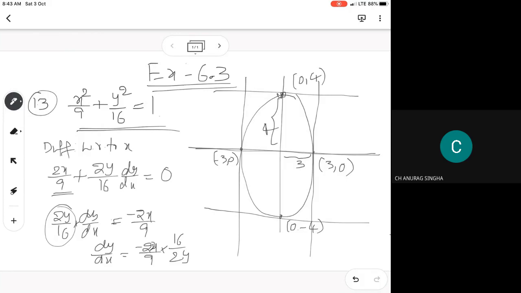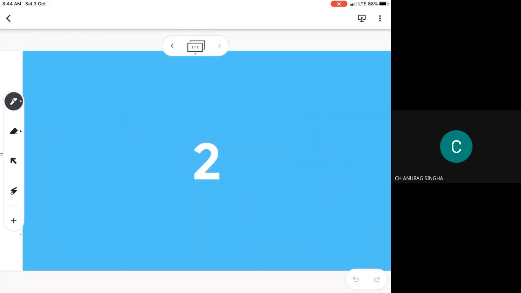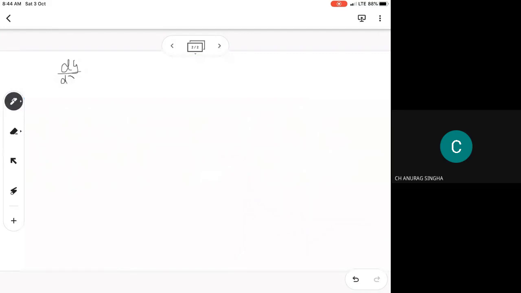The 2 will get cancelled, and we get minus 16x by 9y. So dy by dx is equal to minus 16x by 9y, isn't it?